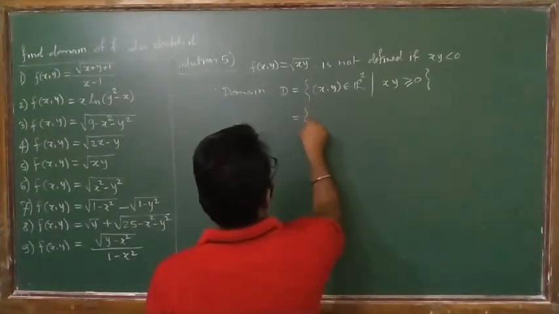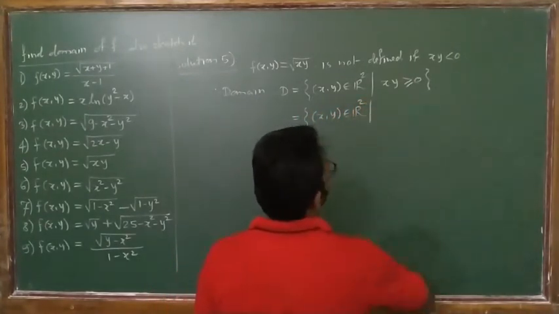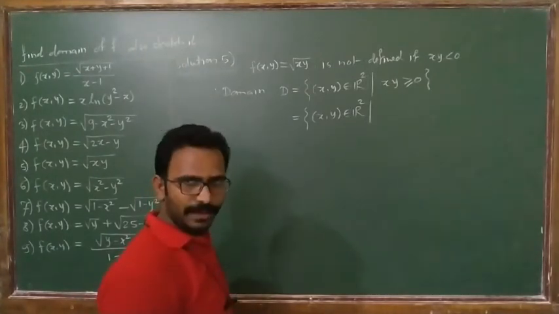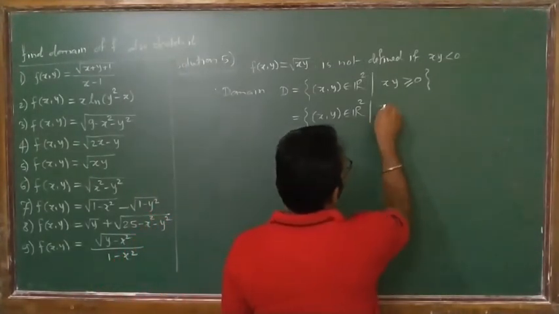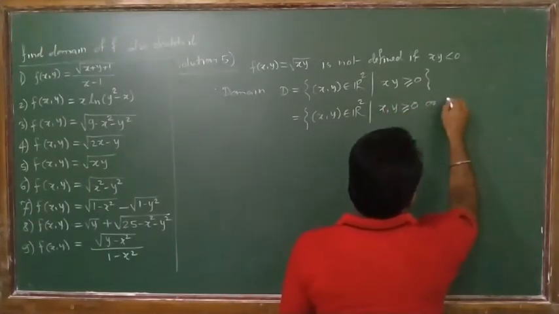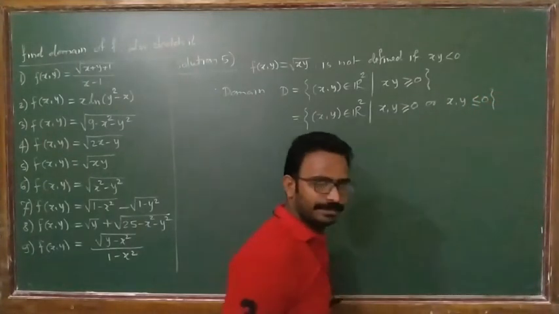In which case the product will be positive? So simplify this, say xy greater or equal to 0 when both x and y are greater or equal to 0 or both x and y are less than or equal to 0.